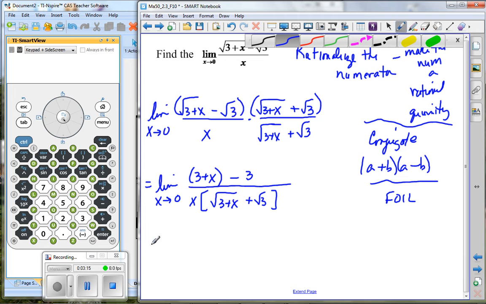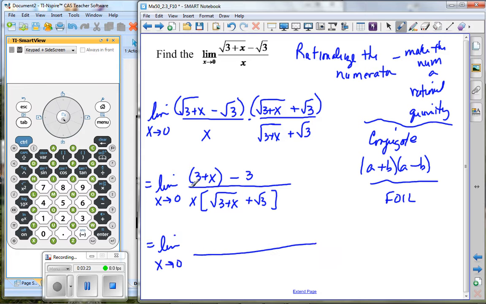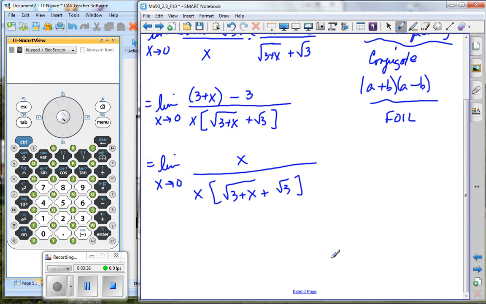affect the entire denominator. But if we take a look at the next step, the limit as x approaches 0, and we have 3 plus x minus 3, that becomes x. There's the x down there. We have the square root of 3 plus x plus the square root of 3. At this point, those factors of x cancel.